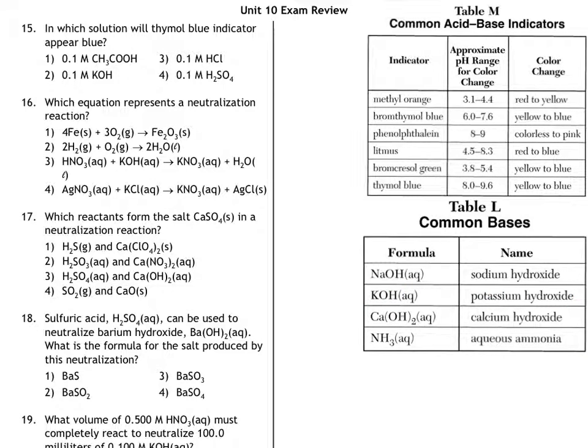KOH, potassium hydroxide, is a base. I will highlight that. And also, this is for thymol blue, so we know that its pH is going to change to blue after pH 9.6. So all the signs are telling me to choose choice 2.